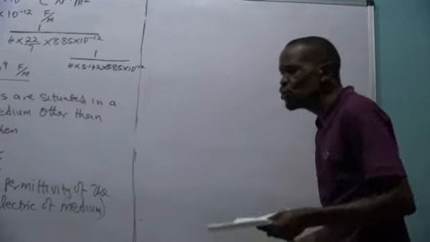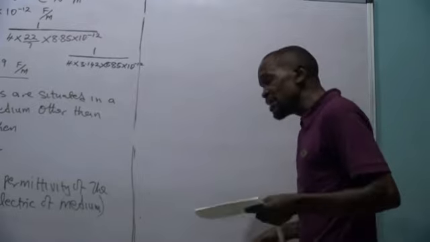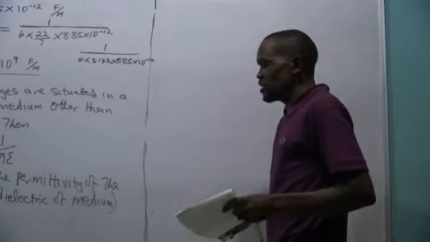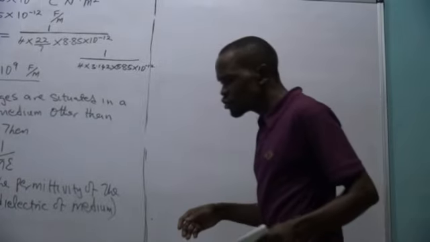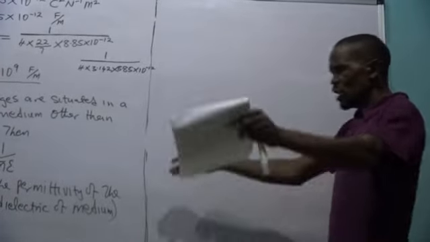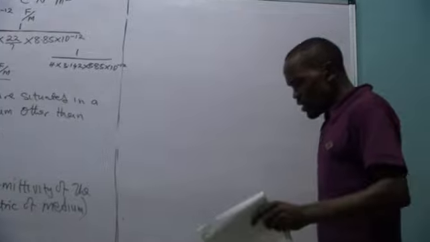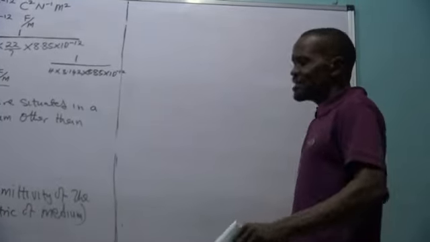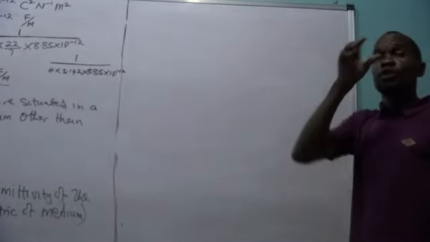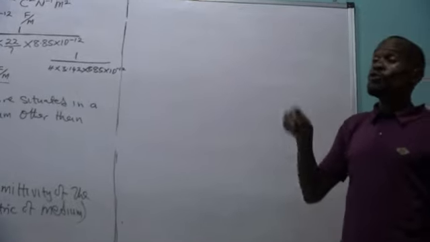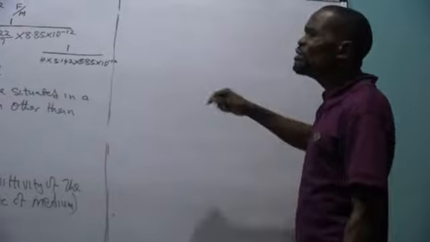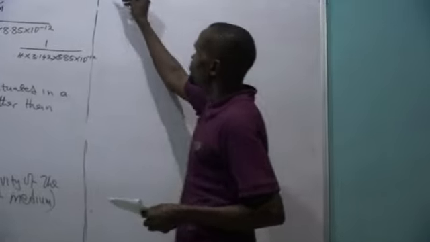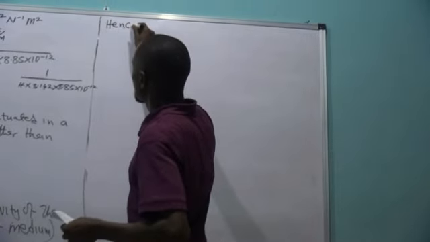Just like when you are moving on a road that is flooded, it's not the same as moving on a road that doesn't have flood. So the force of attraction or repulsion depends on the medium where the charges are. I'm putting it here for you to copy as a note.